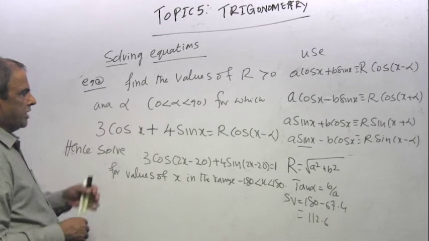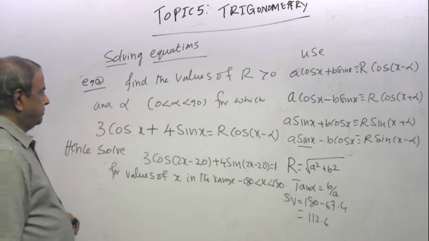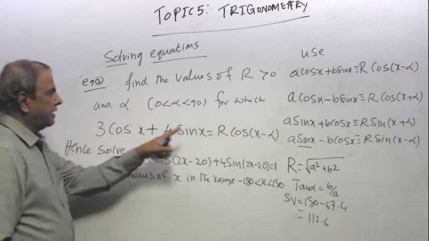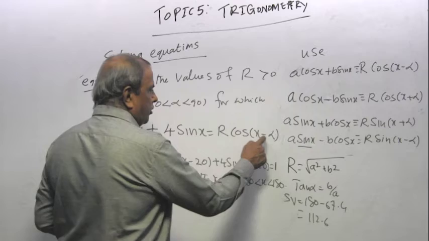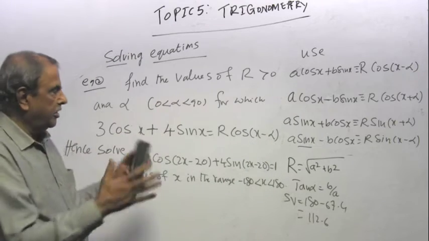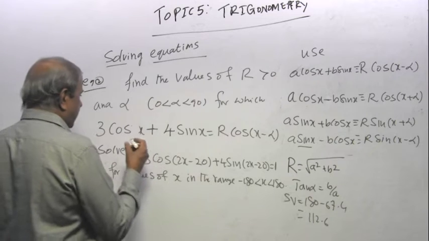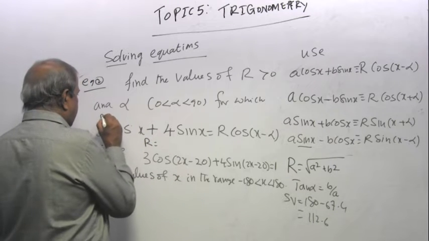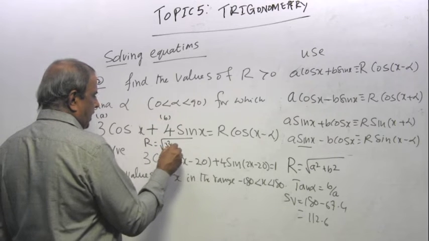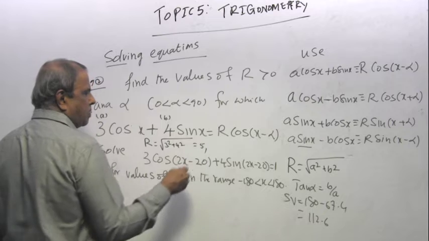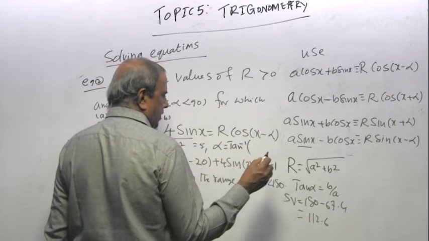I'll just work this out and then show you. The first job you do is you're being given this. So that's a plus. When I expand cos of x minus alpha, it's going to be a plus. So the signs match. Don't write anything else. You can just say r equal to, this is your a, that's your b, r is root of a squared plus b squared, which is 5, and alpha equal to tan inverse b over a.